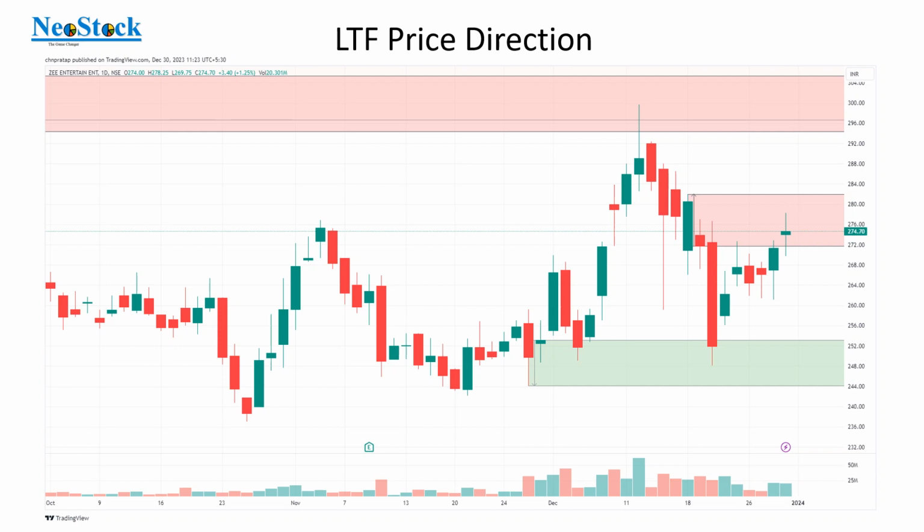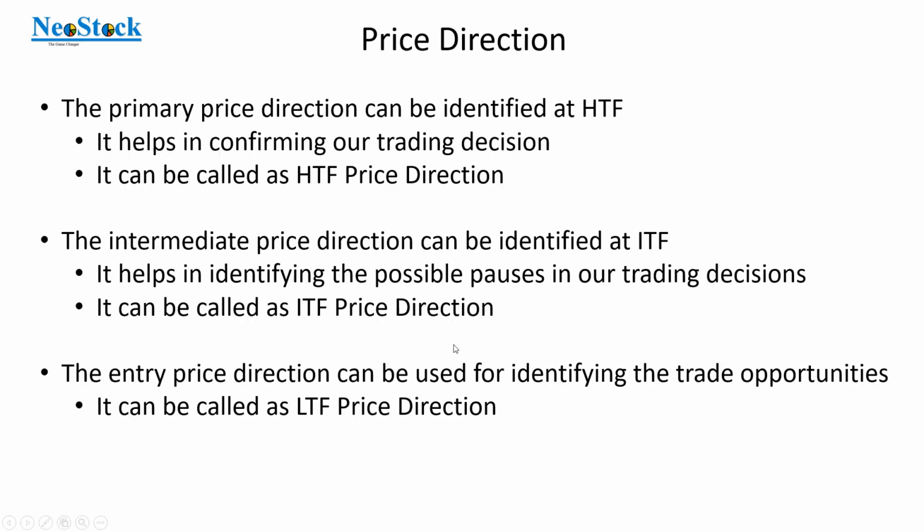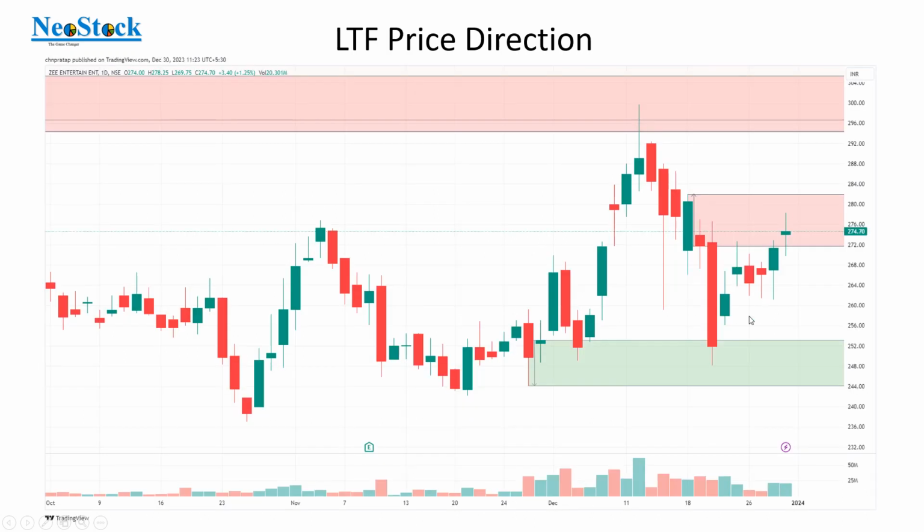So that is the reason why LTF price direction is very, very important. LTF price direction always helps you in planning your trades. This is the entry price direction, and it can be used for identifying trade opportunities.